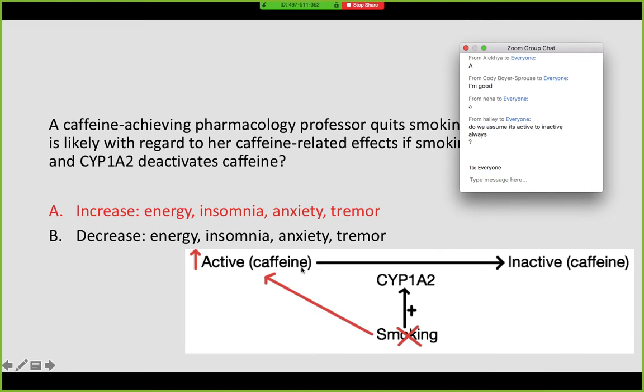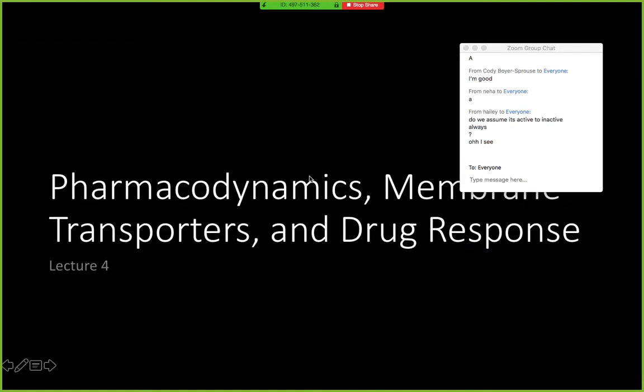So since it deactivates caffeine, you can write active to inactive, and then CYP1A2. She should tell you. I think this is very on par with the exam. She's pretty fair. So I was hoping that seeing how I write this out would help you guys. So if smoking induces CYP1A2, if you stop smoking, this is not going to happen, and you're going to have more of the active drug, which would be caffeine. So make sure that you draw it out on the exam.